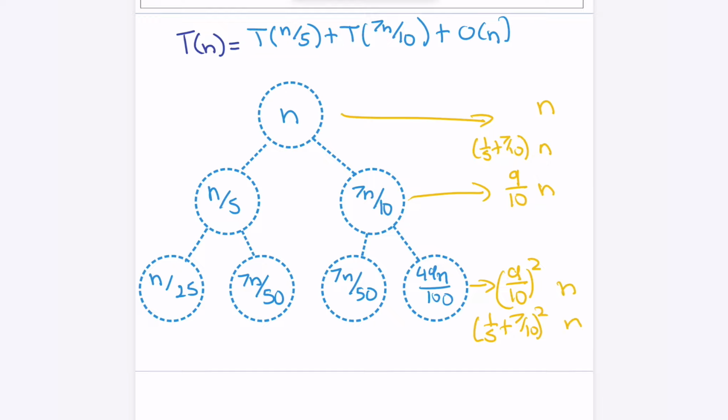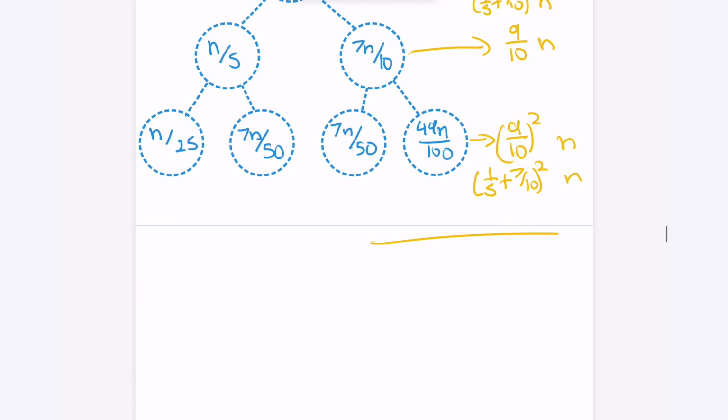Okay. So then you imagine the next level is going to be cubed and fourth and things like this. So that means when we add everything together, you're going to get something like the sum to infinity of 9/10 to the i times n. What does this all come out to?